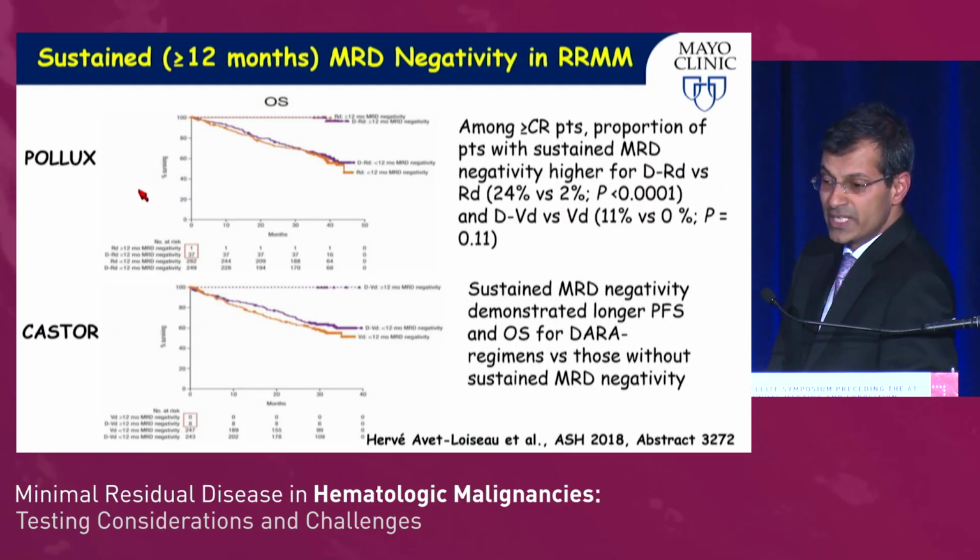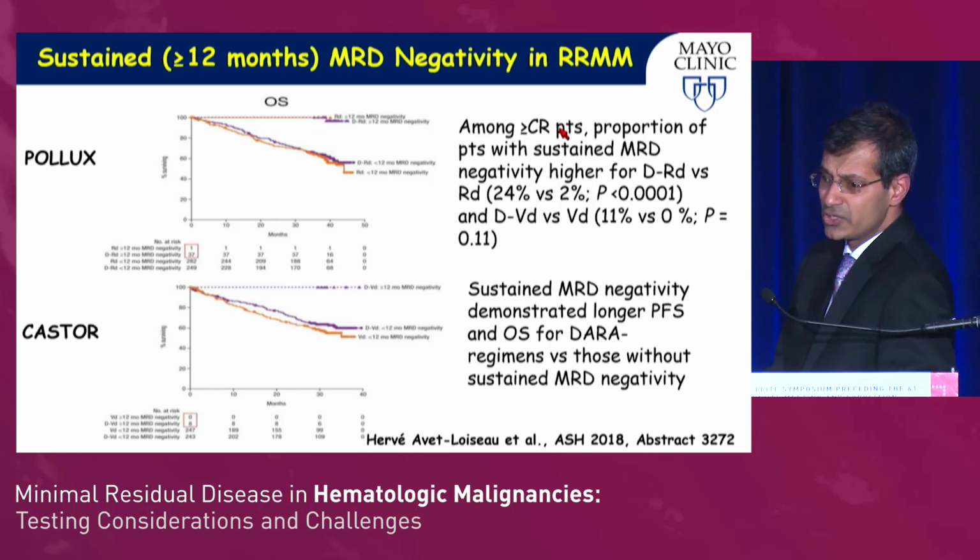Now, recently at the ASH meeting, extended data from the Pollux study and Castor study were reported. These studies looked at relapsed refractory multiple myeloma patients who were given, in addition to a doublet of either RD or VD, lenalidomide dexamethasone or bortezomib dexamethasone, a third drug, which was an anti-CD38 monoclonal antibody, daratumumab.